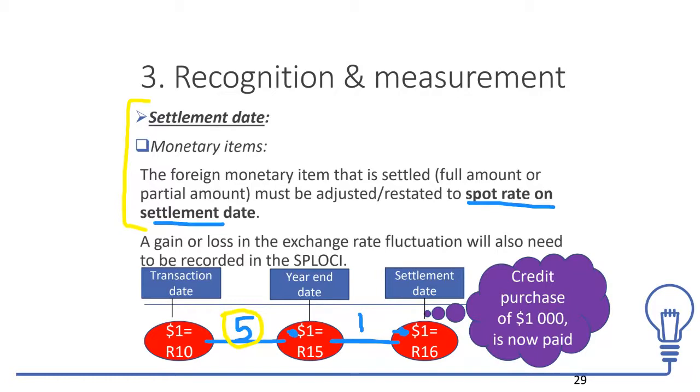Okay. Now, yes. So monetary items. Let me just go back and show you the slide. So if we look at our list of monetary items, I created a list for you guys to make it as easy as possible to know what the monetary items are.